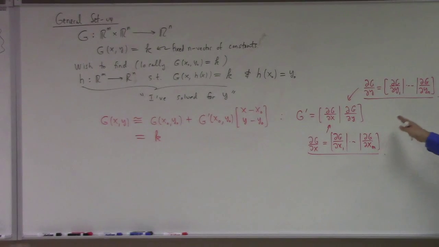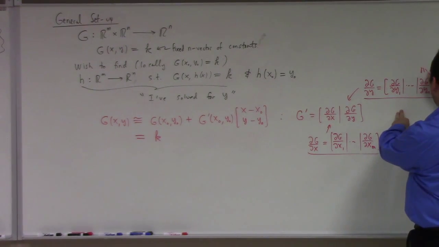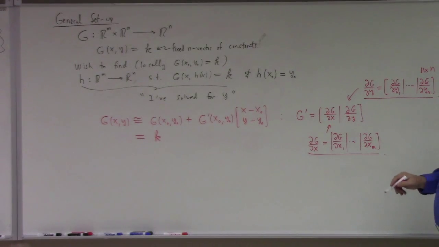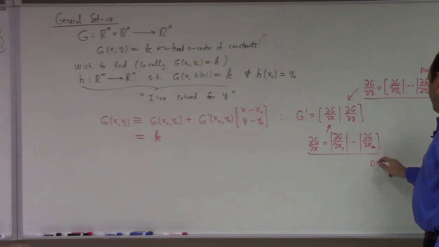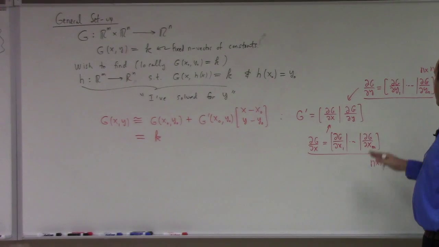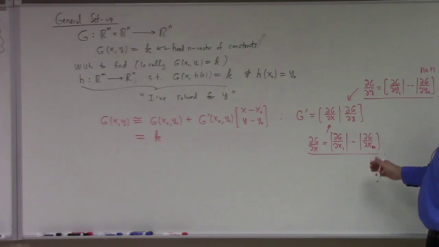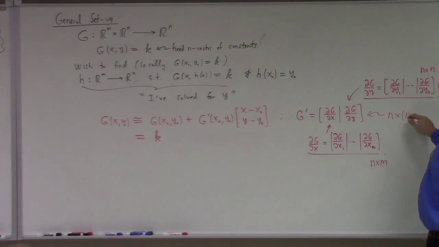Okay, but so this is actually a square matrix, right? This is n by n. This has got n rows, m columns. This whole thing is n by m plus n.